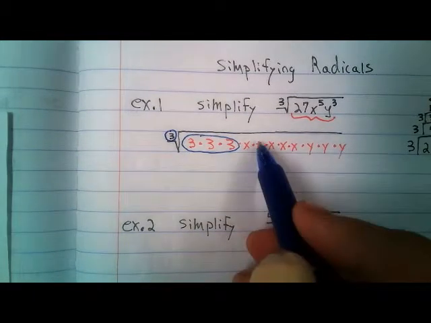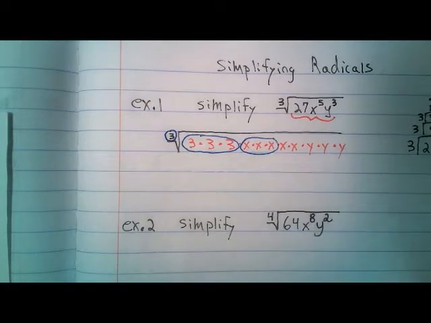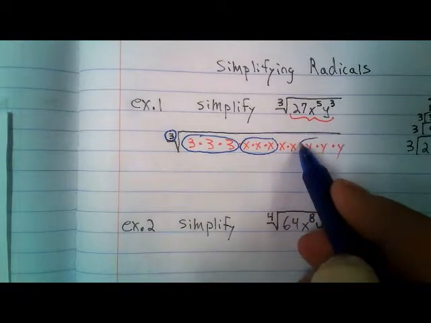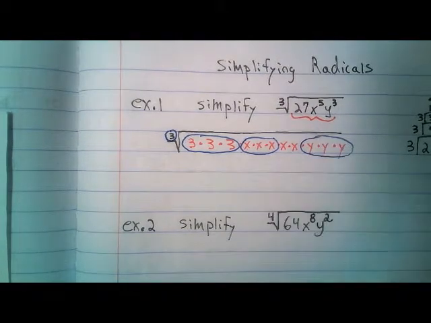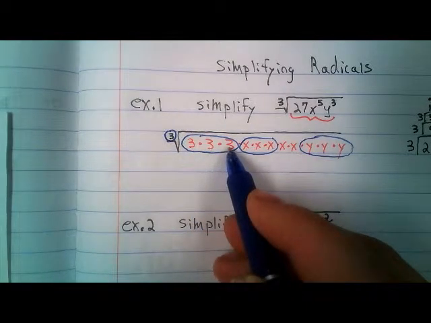Okay, x, x, x. There's a group of 3. No more x's, but y, y, y. There's a group of 3. Now, 3 times 3 times 3.